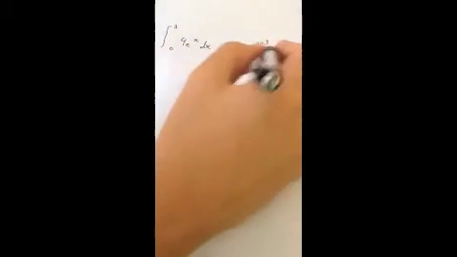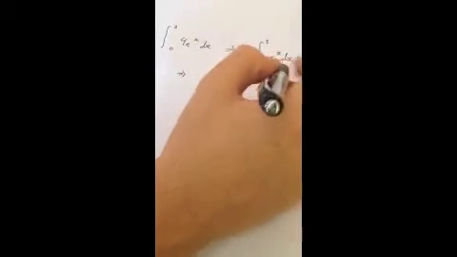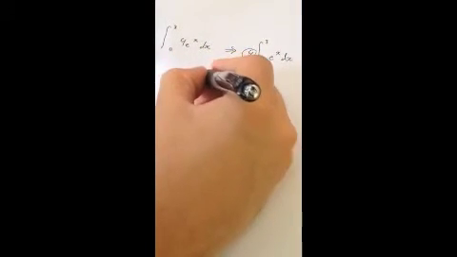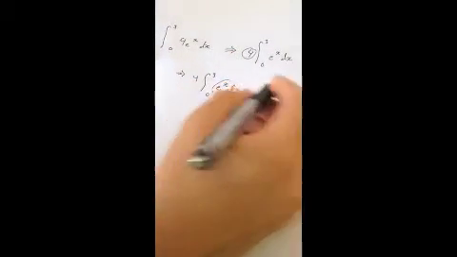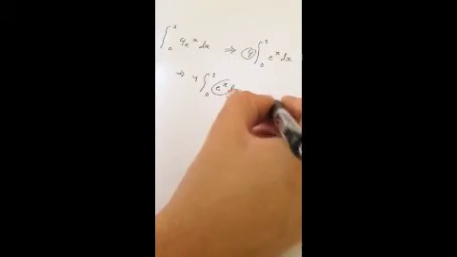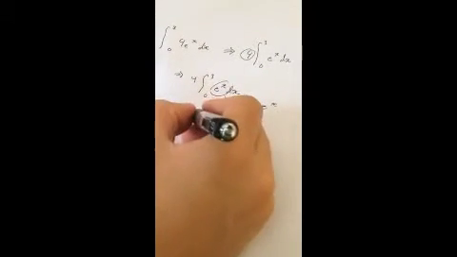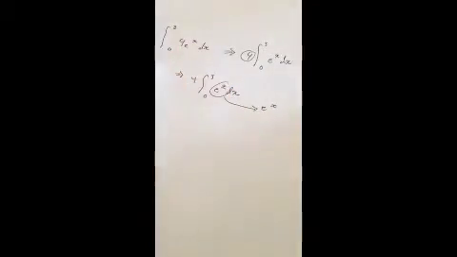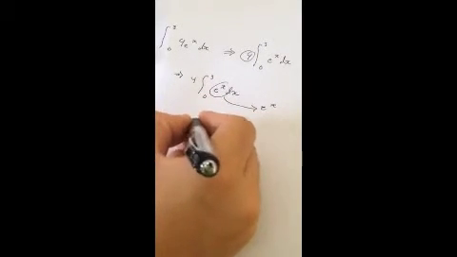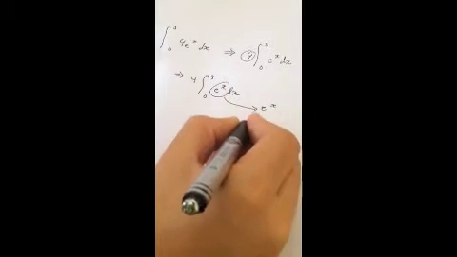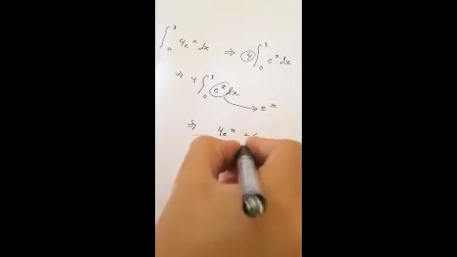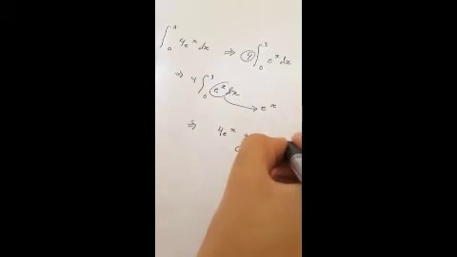Once we've done this, we can integrate the inside of the function. Now, the integral of e to the x is e to the x. It remains as e to the x. Therefore, the final integration of this function can be written as 4e to the x. Remember, plus c, but c is equal to 0, therefore giving us only 4e to the x.